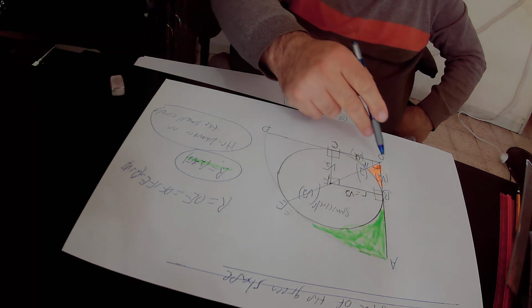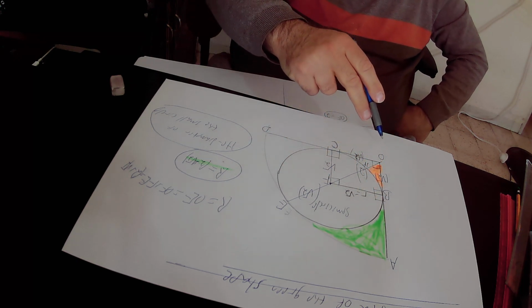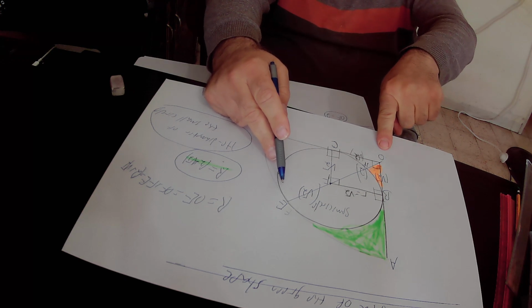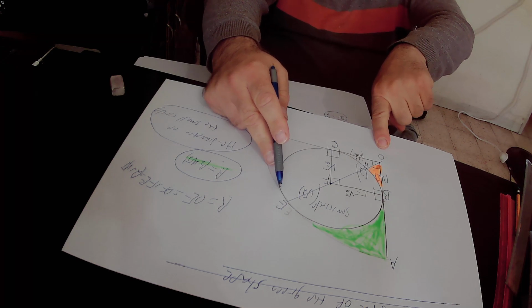This sector AOE consists of two legs. The first leg is AO and the second leg is OE. And we already found out that OE equals capital R. It is the radius of the big circle.